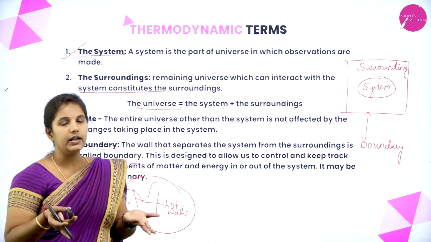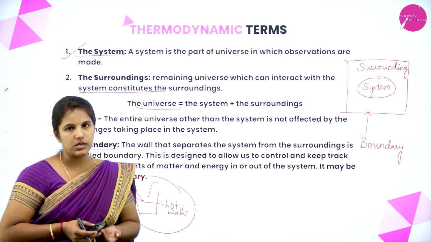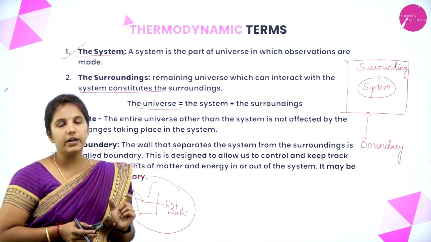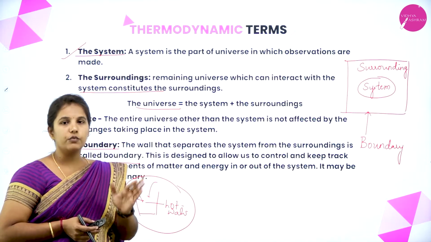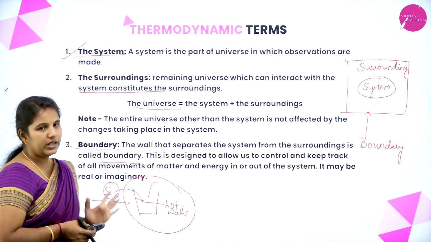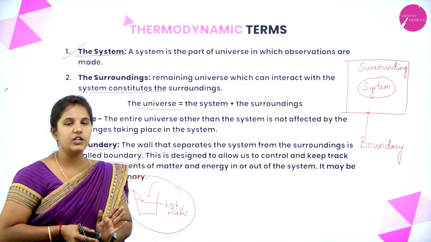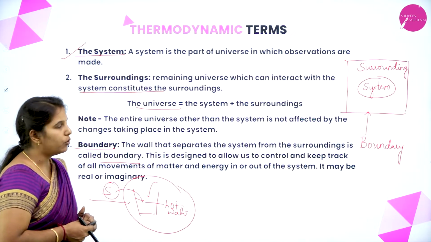Or you can say that the universe is equal to surrounding plus system. The boundary is an imaginary line which separates the system from the surrounding. This is how we can easily remember the three important definitions which we are frequently using while studying thermodynamics.